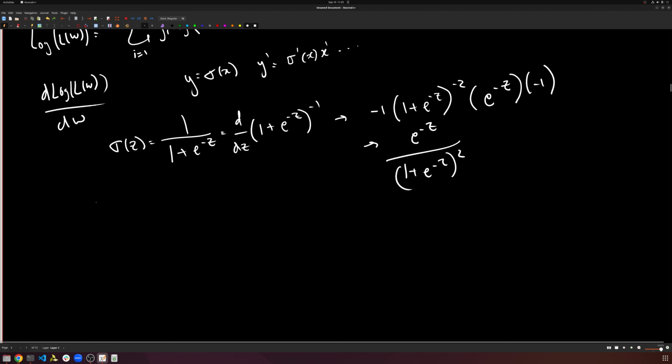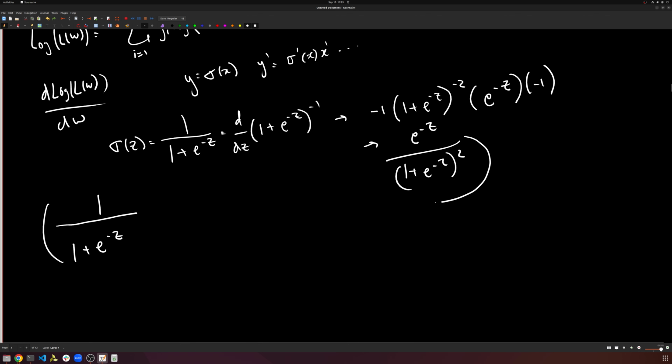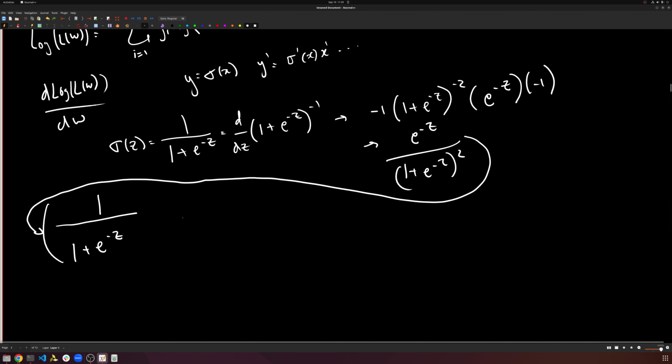We're going to do 1 over 1 plus e to the negative z, times e to the negative z divided by 1 plus e to the negative z. We just took the squared term and split it up like this.